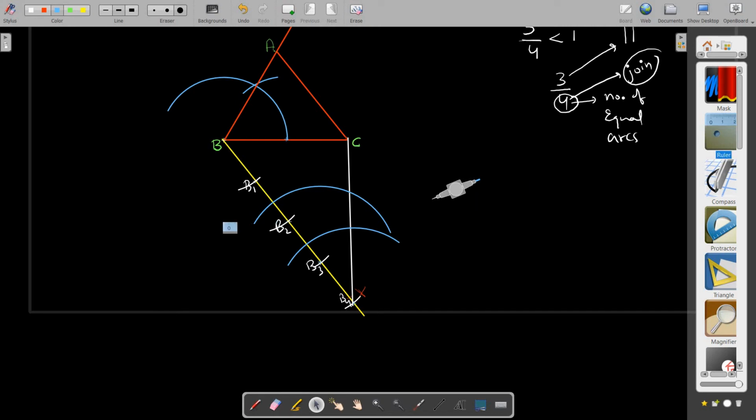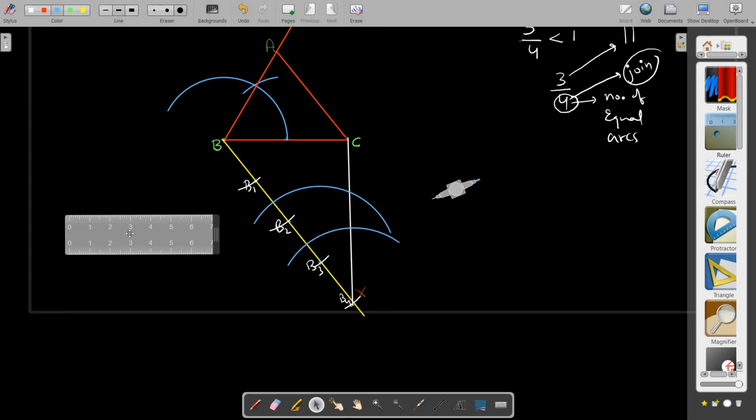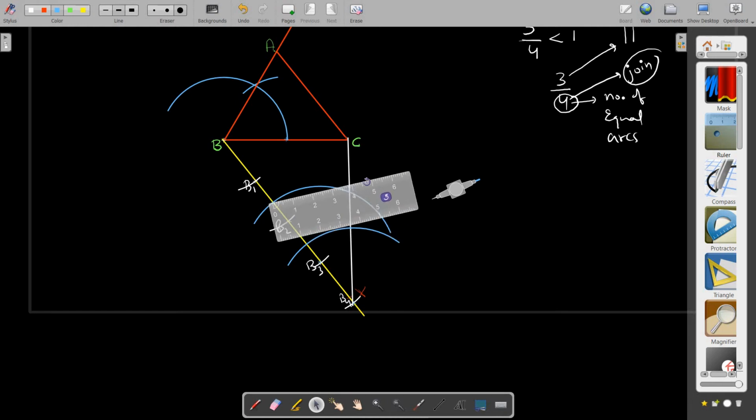So since the compass doesn't go for 2.2 radius, we'll take the ruler, place the 0 of the ruler at this point where it is placed right now, and go for 2.2. That means turn the scale so that it meets the blue arc which we have drawn with center at B3, and comes at 2.2.